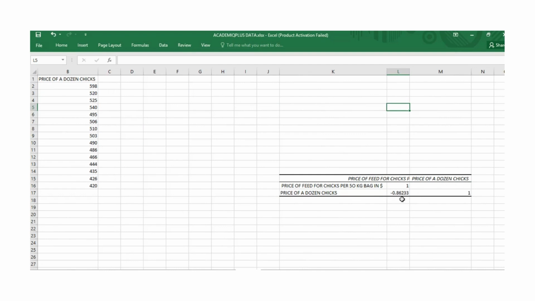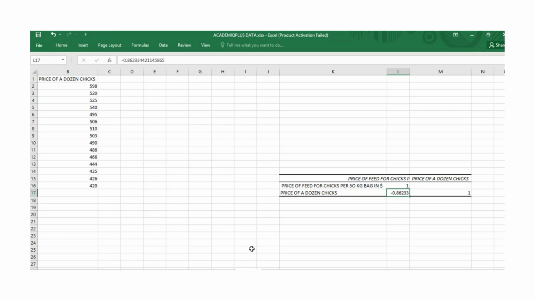You can see negative 0.86, which is quite high. So this shows that a high price of feed for chicks will result in a low price for chicks and vice versa, or a low price of feed for chicks will result in a high price of chicks. That's what that means. There's an indirect relationship between these two variables, and the strength is quite high.